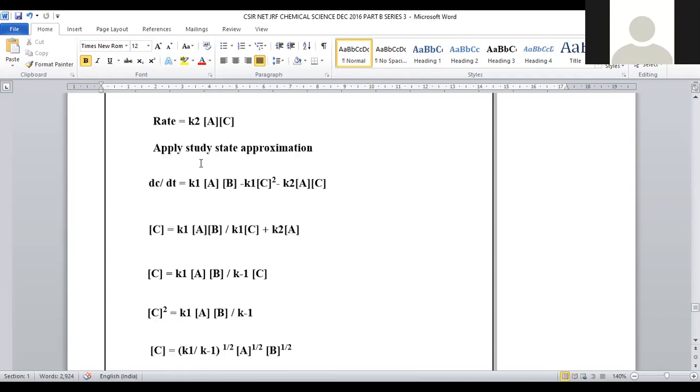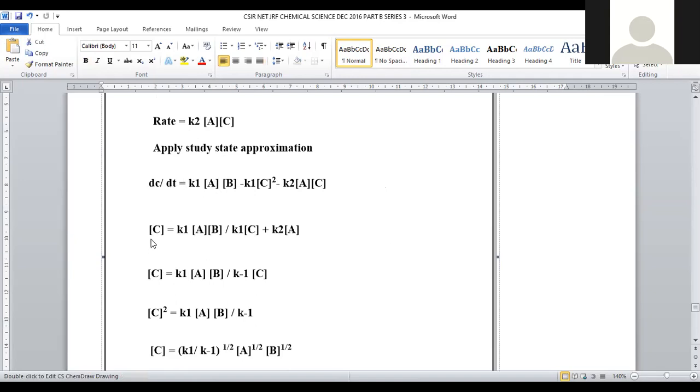By applying the steady state approximation, dC by dt is equal to K1 into A into B minus K inverse into C square minus K2 into A into C. This is the application of the steady state approximation.